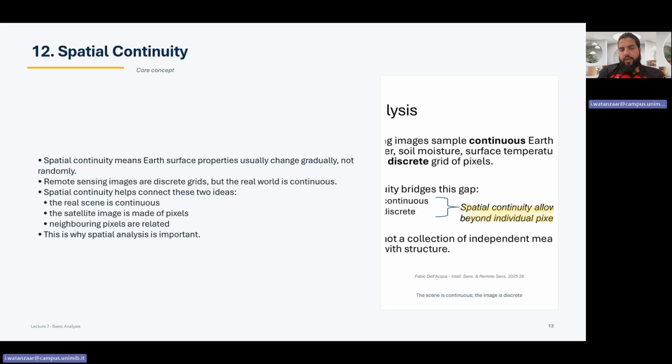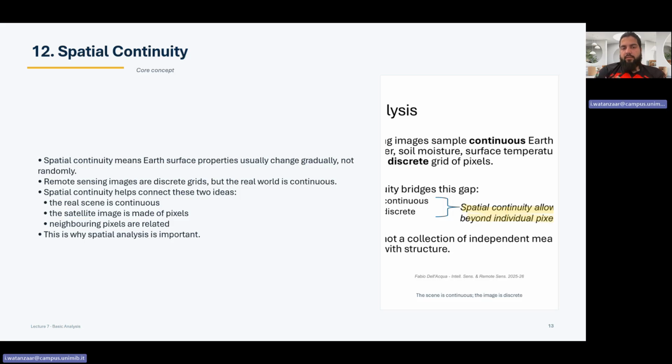When we look into the changes, they are gradual, not random or sudden or abrupt. So spatial continuity is the reason there are similar values in nearby pixels. That's why neighborhood pixels make sense in this basic analysis, and spatial analysis comes into existence and has importance.